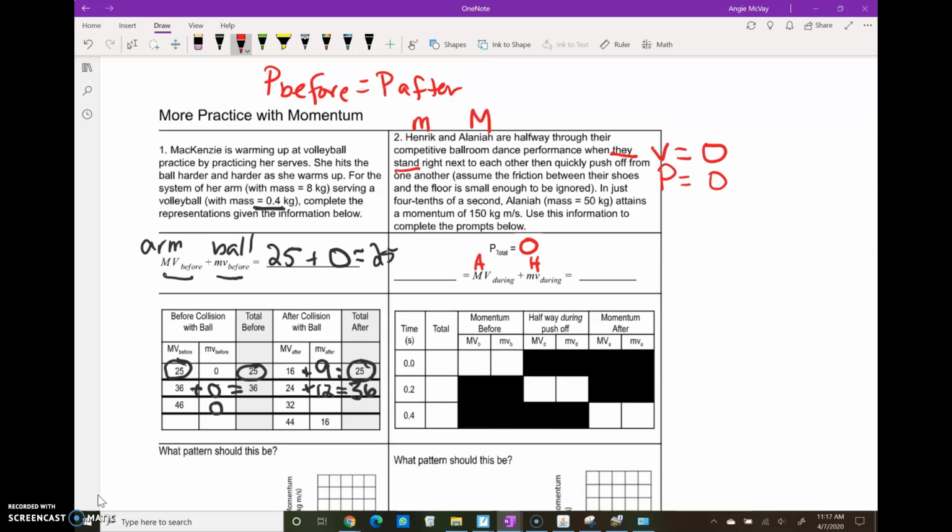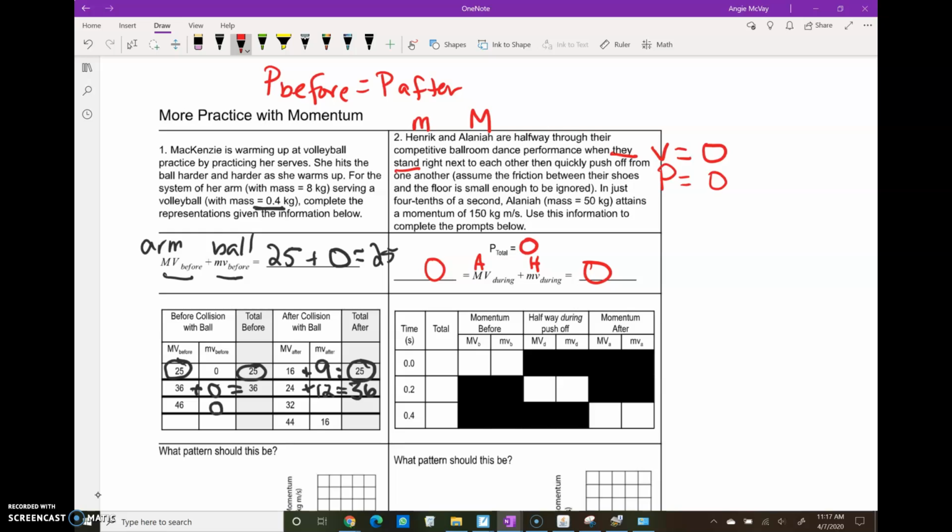If we're going to be consistent with the law of conservation of momentum, the total momentum before the collision must equal the total momentum after the collision. So at any point here, the momentum of Alanya plus the momentum of Henrik must be equal to 0.